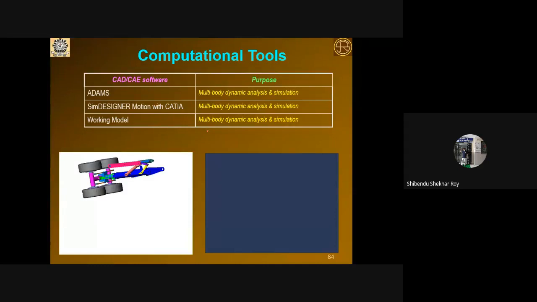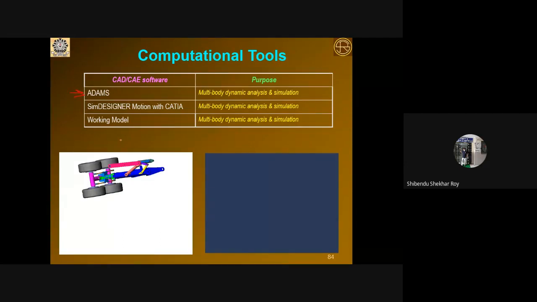So those who are interested in multi-body dynamics, multi-body kinematic and dynamic analysis of a mechanism, because you know that whether it is an automobile or an aircraft, it is full of mechanisms, and this is the very first step of your design: to synthesize an innovative mechanism, simulate that mechanism, and for that the benchmark tool is Adams.